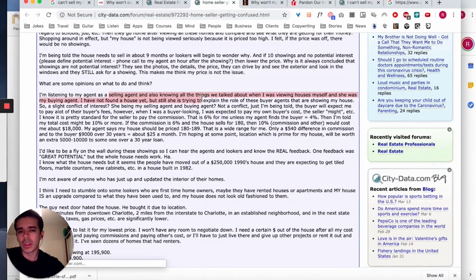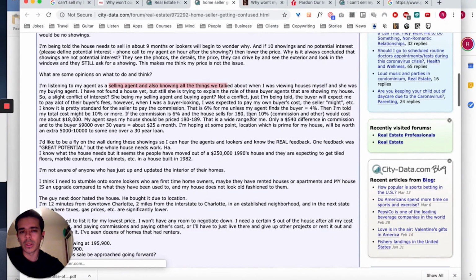So he's trying to sell it by himself, but I have not found a house yet, but still she's trying to explain the role of these buyer agents that are showing my house. So he's trying to sell and buy at the same time. So it's like a conflict of interest. Not a conflict, I'm just being told.